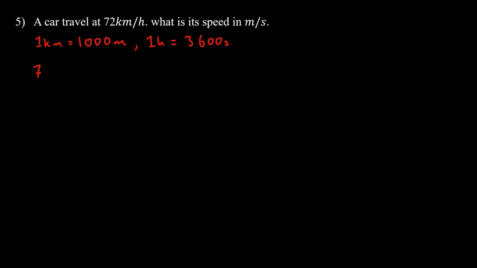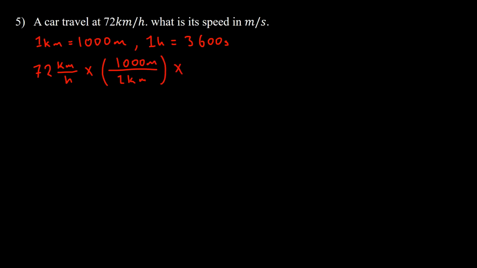Let's put these conversion factors into fractions and then start the conversion process. So we write 72, and then to make it easy for you to know which units to cancel out, you can write the kilometer and the hour in this form, and then multiply now by a fraction. We want the kilometer to be cancelled out, so we can put the kilometer down and then the meter on top.